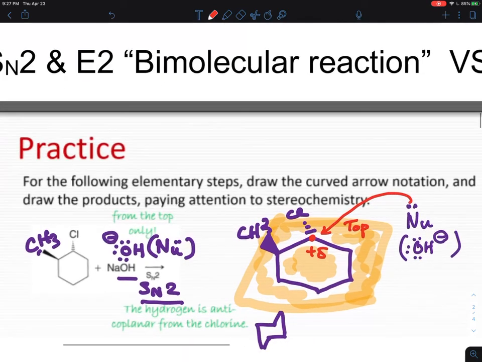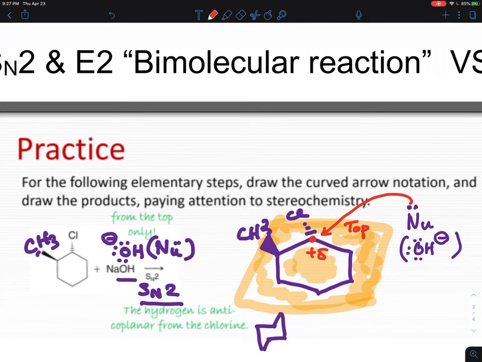If you look at Dr. Ma's notation, it says from the top only. If you want to draw it here, you can just draw it from the top, and that's what they mean by this. So the product you are going to generate from this reaction will be the one from the top.